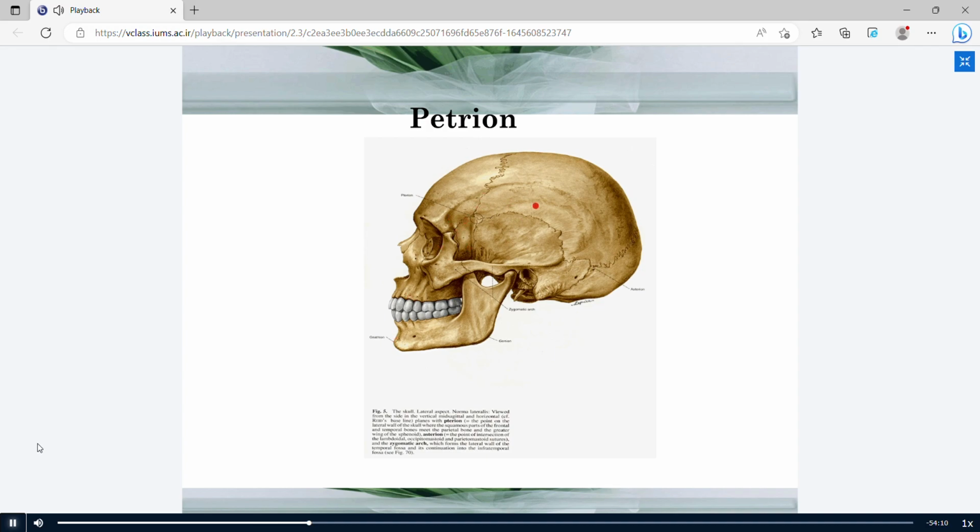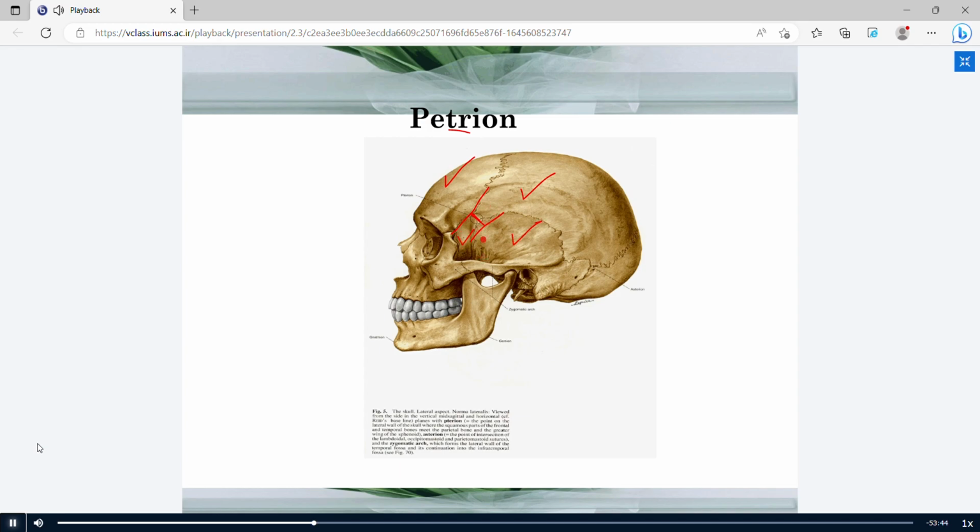On the lateral side of the skull, you can see an H structure. The H structure is the pterion, and the pterion is the junction of four bones: frontal, parietal, temporal, and sphenoid bones.